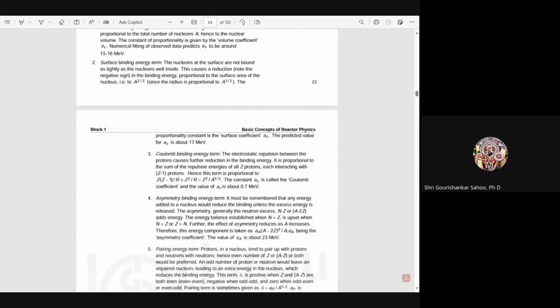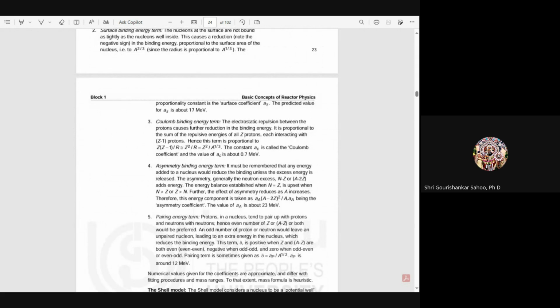The pairing term is added, which is a_P by A to the power half, and is around 12 MeV.